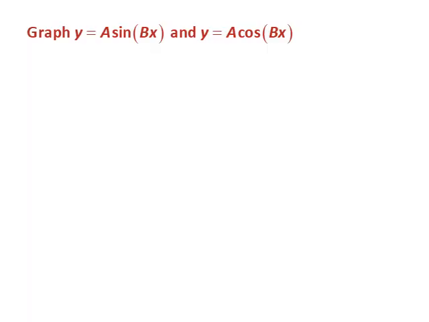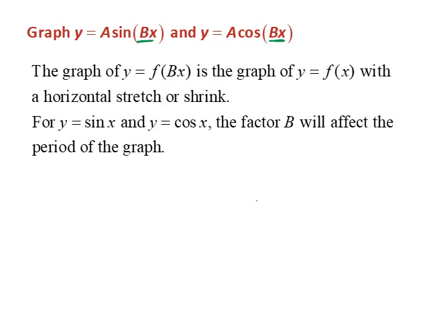Okay, so hopefully you have the reflection and the amplitude down, because now we are going to apply something else. Now we're going to multiply the argument of x by something. This is going to give us a horizontal stretch or shrink. And it will also affect the period of the graph.